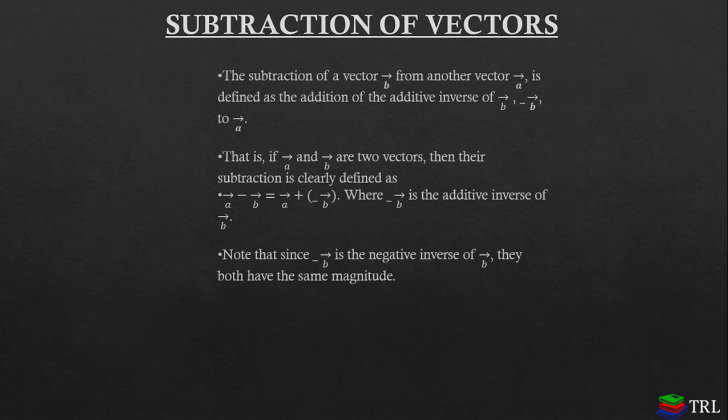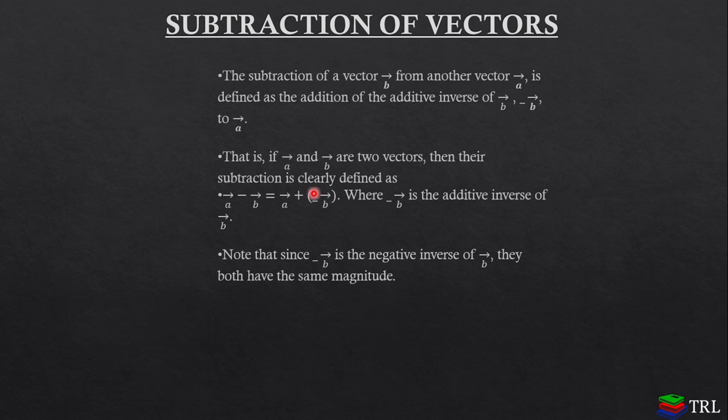Note that since minus vector B is the negative inverse of vector B, they both have the same magnitude. Now, vector A minus vector B can also be written as vector A plus minus vector B. In this case, minus vector B becomes the additive inverse of a positive vector B. Since this is the additive inverse of this particular vector, both vectors will have the same magnitude.